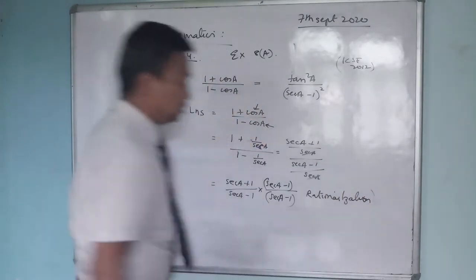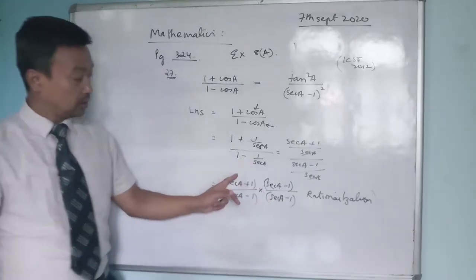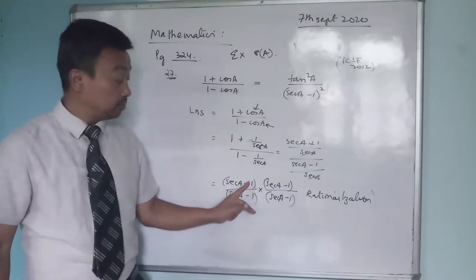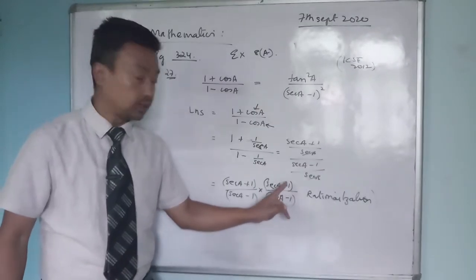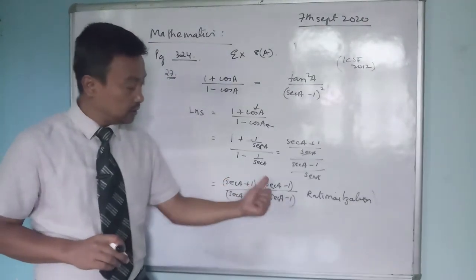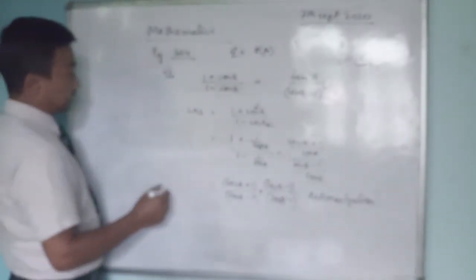Now you have to multiply the numerator. I'll put this in the bracket as well. If you look at these two brackets, this is (sec A plus 1)(sec A minus 1). What does it remind you of? It reminds you of the formula (A plus B)(A minus B). A is sec A here, B is 1. So the formula of (A plus B)(A minus B) is A square minus B square.